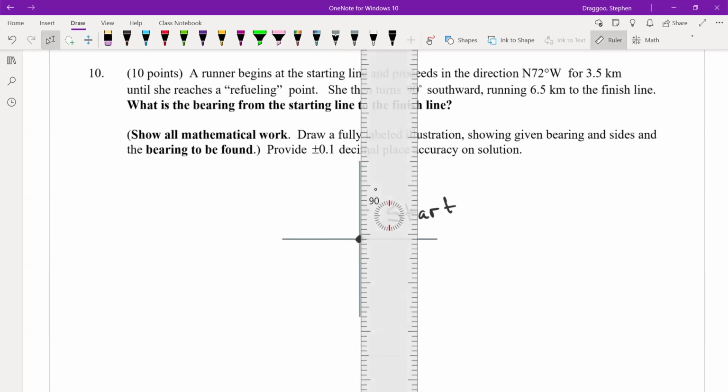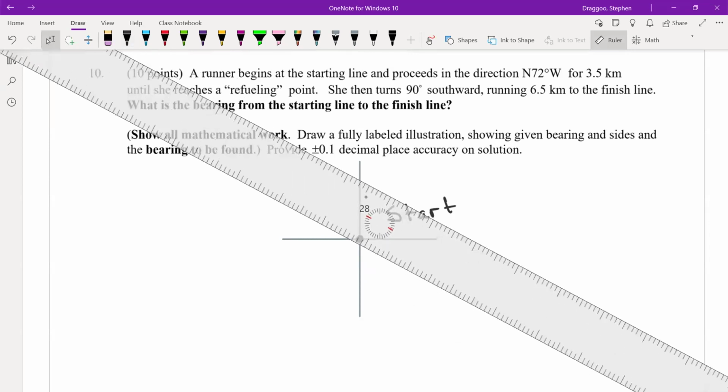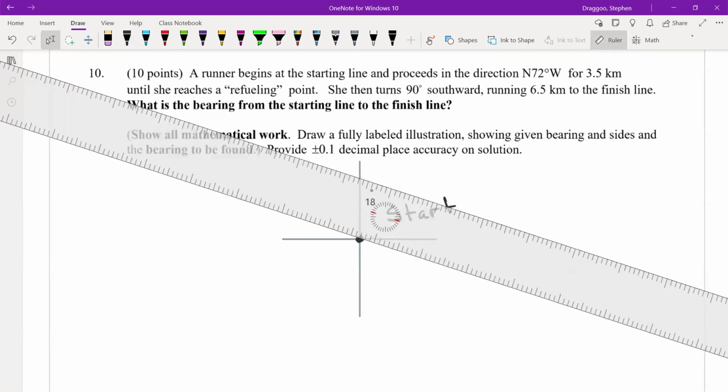If I just read my bearing angle from left to right, start at north, then go 72 degrees to the west. West would be left of north, so it should turn this way. Might as well get an accurate drawing here. Our angle should be right here.